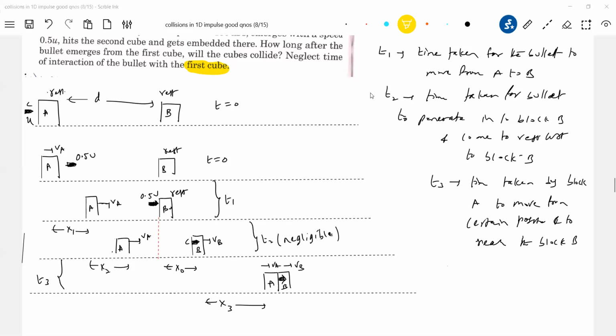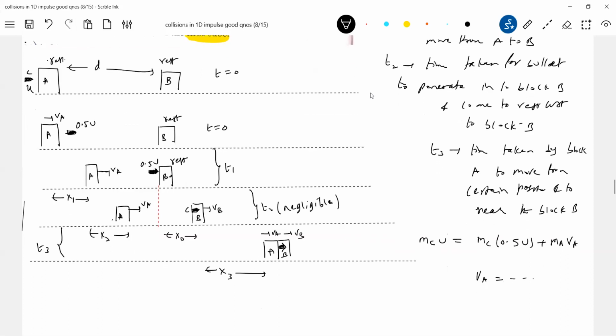First, between the bullet and block A: M C U should be equal to M C into 0.5 U plus M A into V A. So we'll get V A. I'll leave the calculation part because it'll take more time.